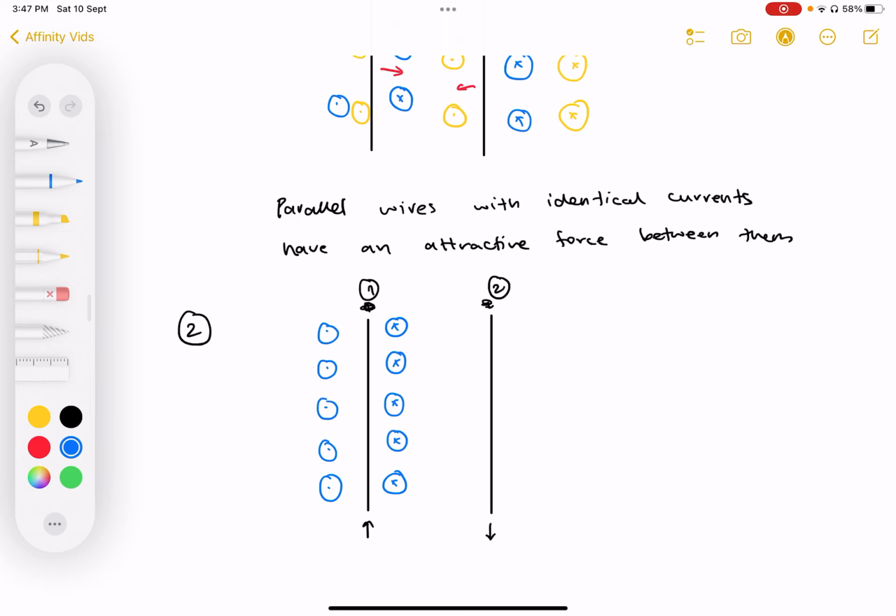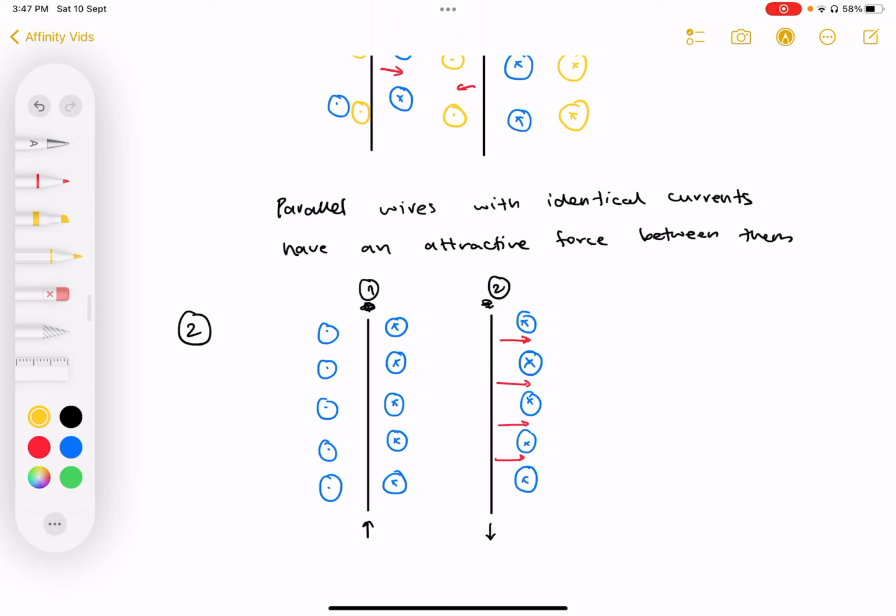When we use our right hand slap rule, or Fleming's left hand rule, wait, let me extend this magnetic field a little bit further. We're actually going to see that this is going to cause a force in the right direction. So this wire is going to feel a force that way.